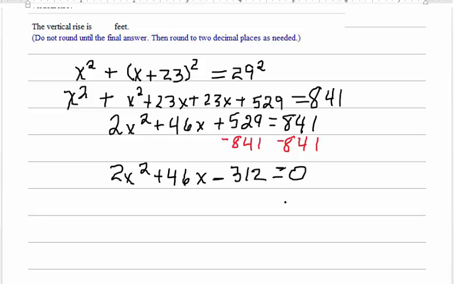Now you could try to see if possibly this can be factored. Perhaps it can, but this number is a pretty large number with a lot of factoring possibilities. I think the quickest thing to do here is to just go straight to the quadratic formula, where a is 2, b is 46, c is negative 312.